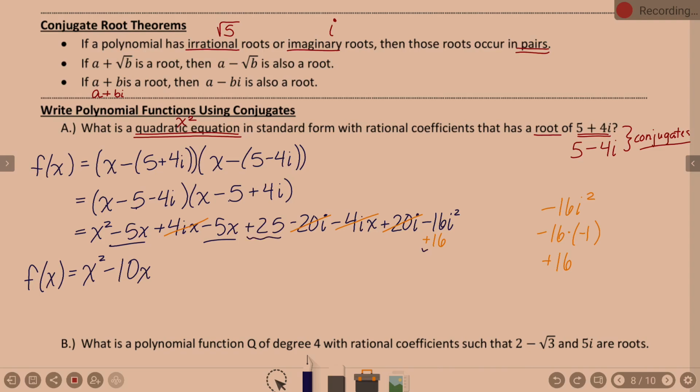Plus 25 and what became plus 16, which is, my brain says, plus 41.